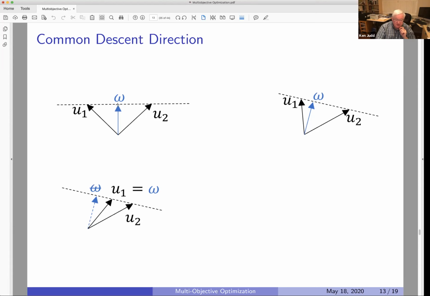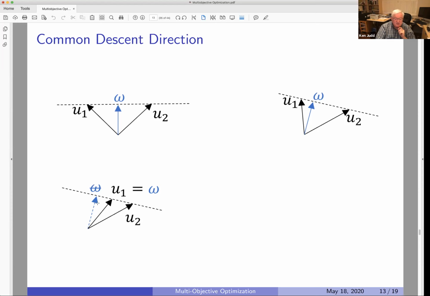Omega here is a convex combination of u1 and u2, and of all the convex combinations of the two, it has minimal norm. So that's a good choice. How do we know it's minimal norm? Because you take the line that connects the heads of these two arrows, and the minimal norm convex combination is going to be perpendicular to that line.